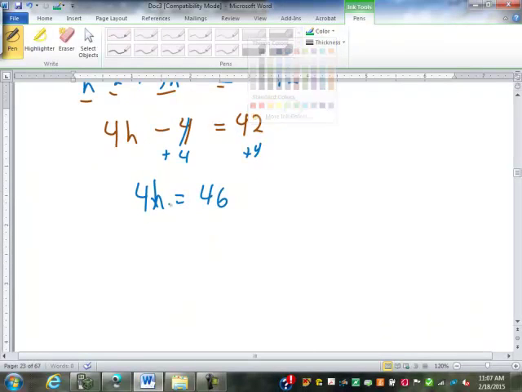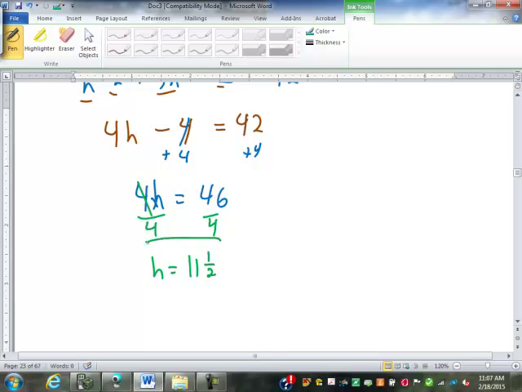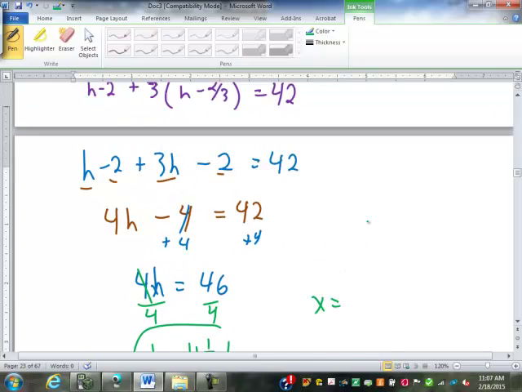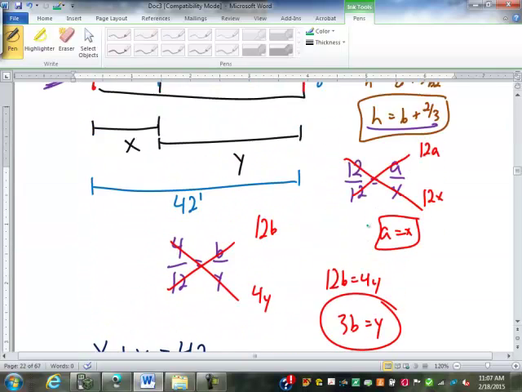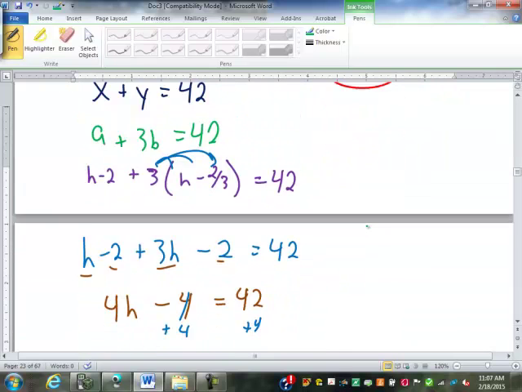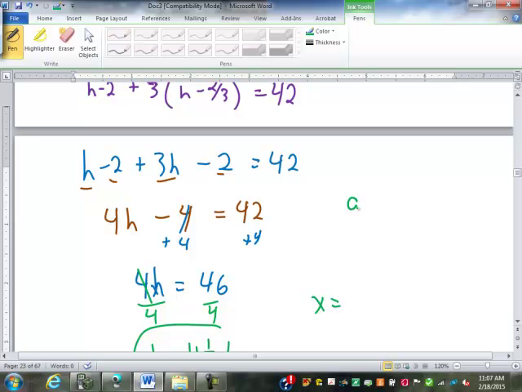So dividing by 4, H equals 11.5. Which means X equals what? Well, A equals H minus 2, right? So that's 9.5.